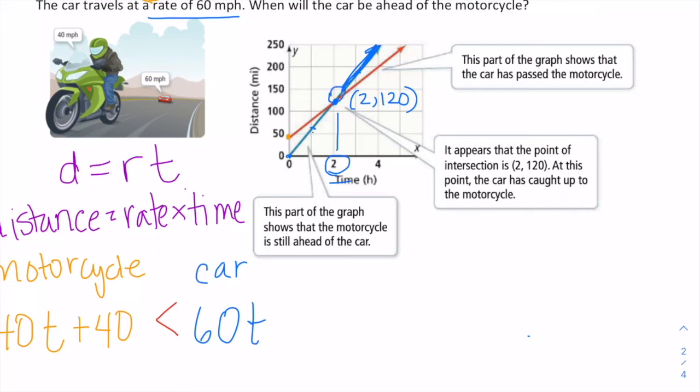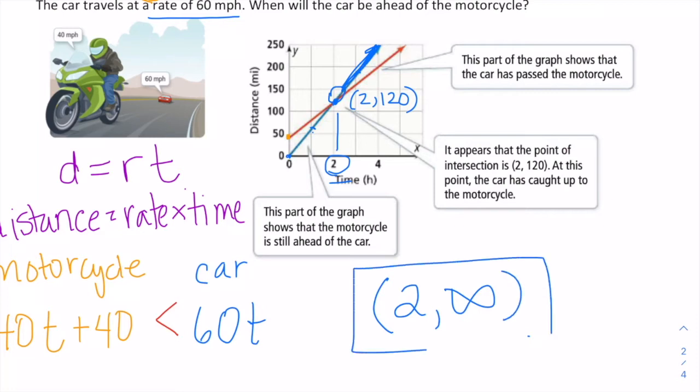And the solution can't include 2, so we'll just have a parenthesis there. And then any other time after 2, because the car is going too fast, the motorcycle will never catch up. So for that inequality, it's not just going to have one answer, but anything after 2 hours. So 2 hours and 1 minute, 4 hours, 10 hours, no matter how long it's driving, the car will be going further and will be ahead of the motorcycle.